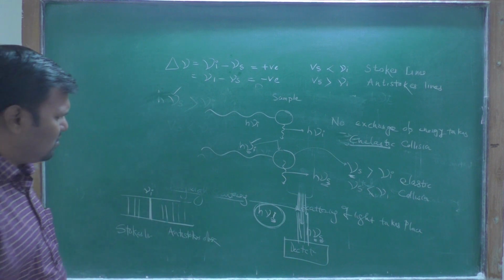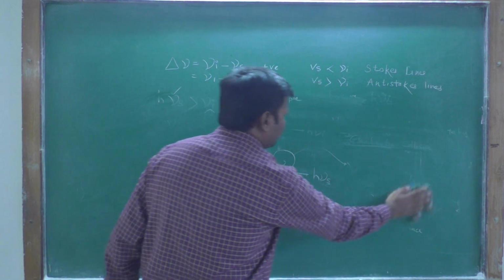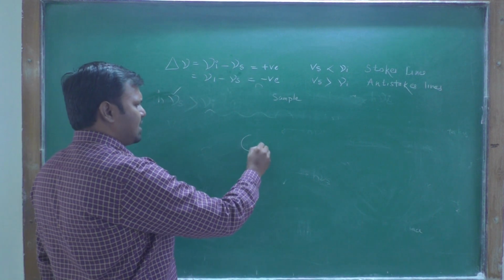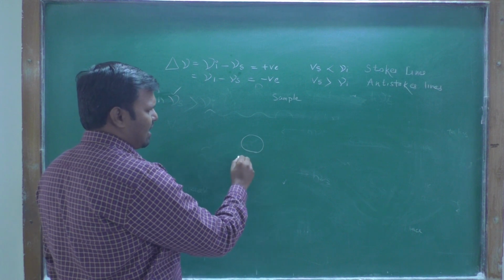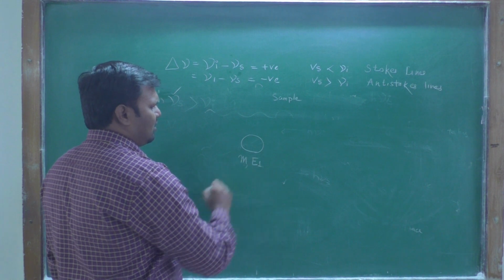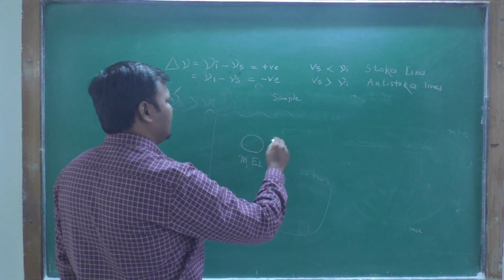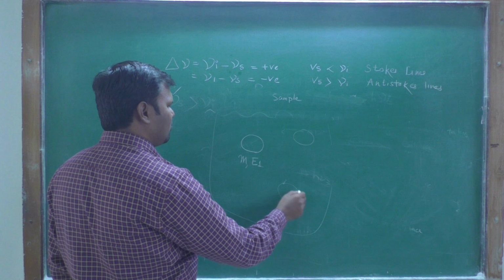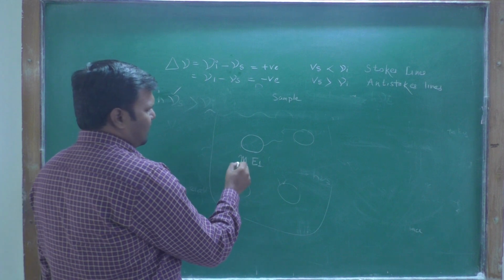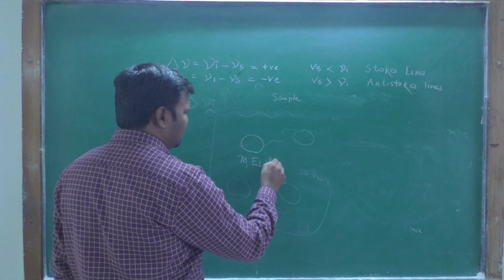Now we will start. If your sample has a molecule which has mass m, energy E1 and velocity v1, and there is a gas sample with a number of molecules colliding with each other, each having mass m, energy E1 and velocity v1.